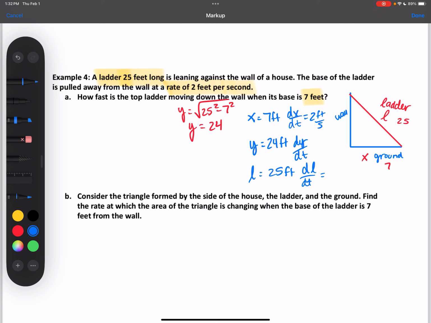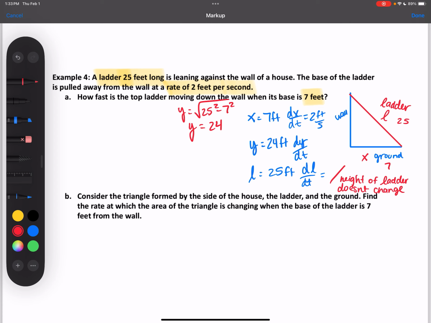Someone could say there are adjustable ladders, but the length of the ladder doesn't change. So I basically just put a slash through it, because I don't need it.